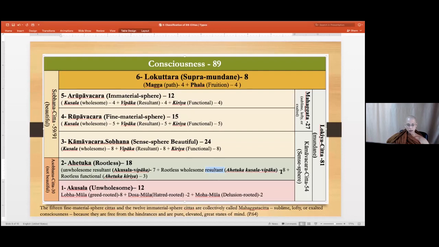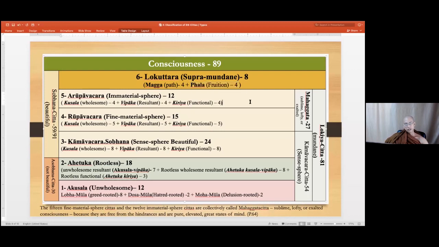Together with the 8 of this vipaka, it becomes 23 sense sphere consciousness. Then when we add the 5 material sphere and immaterial sphere resultants, it becomes 32, and together with the phala consciousness, which is called the supramundane resultant consciousness, altogether 36 vipaka consciousness you can select from this chart.